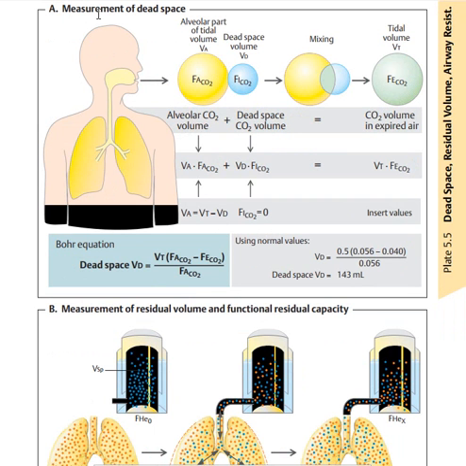So now let's visualize certain measurements that can be used in order to calculate the dead space. In order for you to calculate the dead space, you first need to know the alveolar volume.